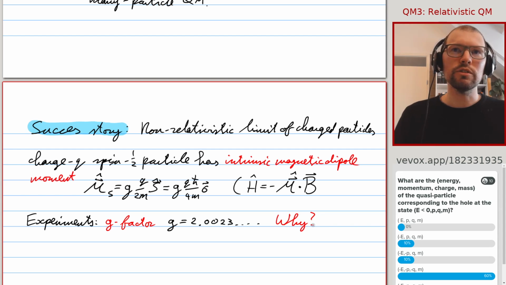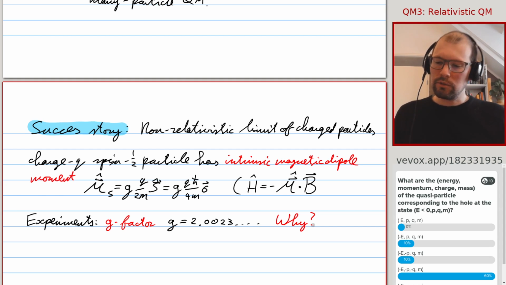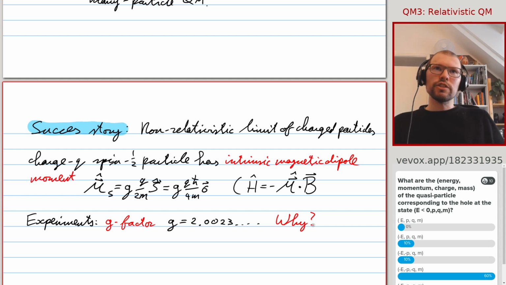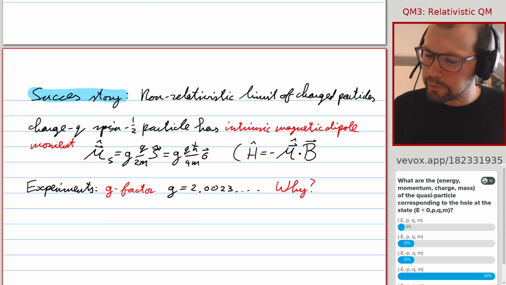So why would it be equal to 2? We'll see that this is actually a consequence of the Dirac equation. And there is no way to really understand why it's equal to 2, or at least very close to 2, without taking into account the relativistic properties of this particle. So we'll see how that works.